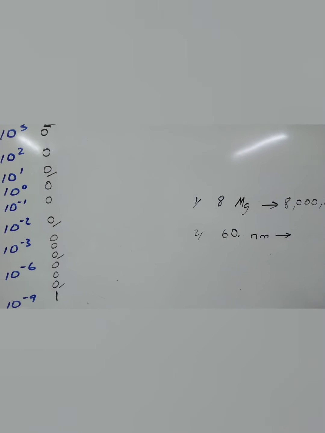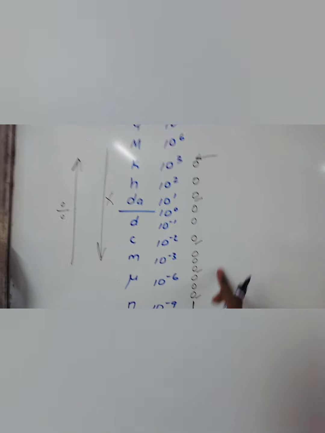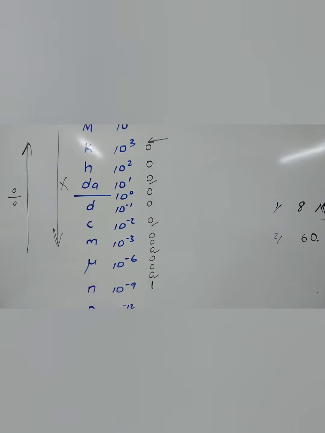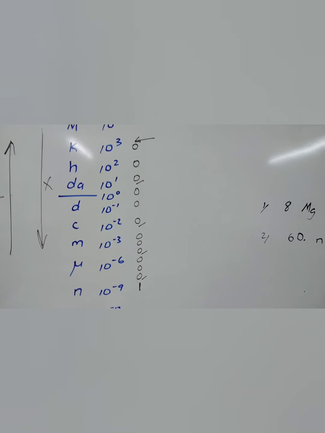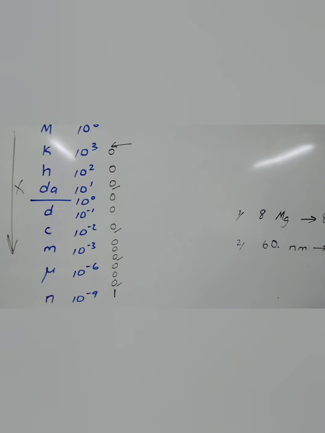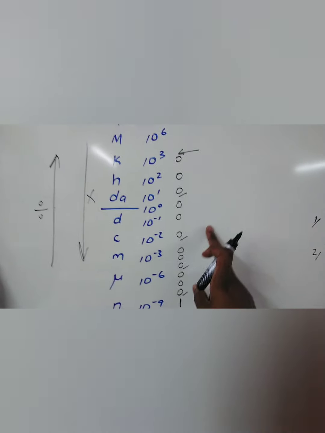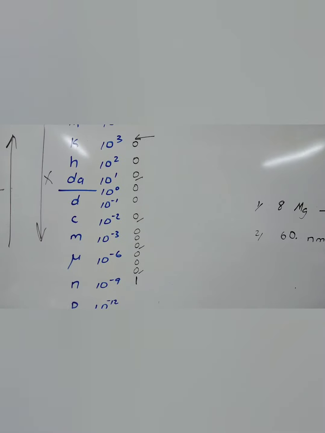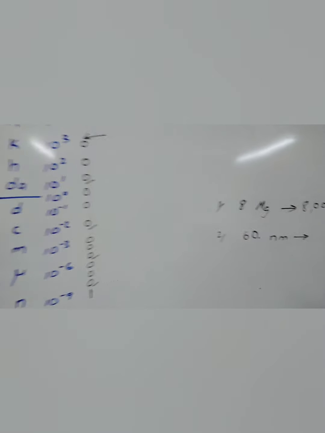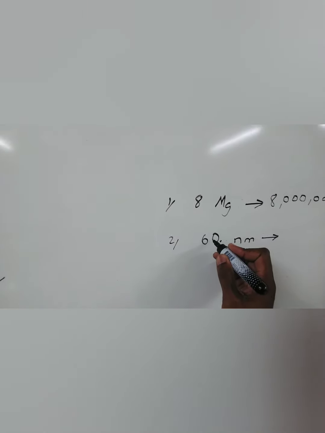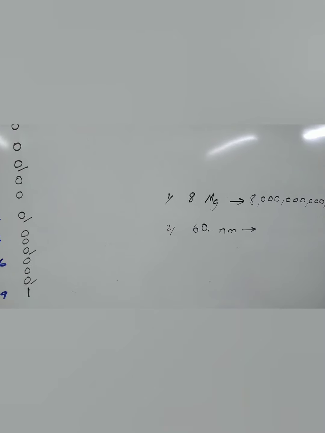Now, the number of zeros within this figure here tells you how many times the point should jump. You are dividing, so that tells you that the point should go to the left. Whenever you're multiplying, the point travels to the right. So you have a 12 zero value there, 1 trillion. The point is going to jump 12 times to the left. So it is going to jump 1 time over this 0, 1 time over the 6, and 10 more times.